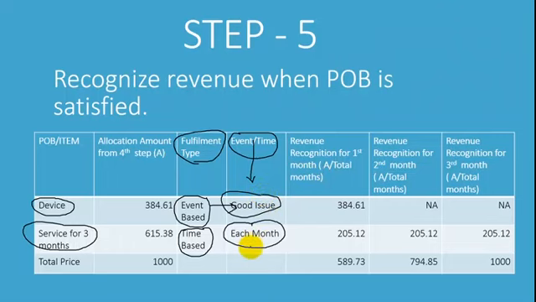When it comes to the service, each month we will recognize the revenue. Okay. Now, our contract spans 3 months. So we'll see how much revenue we have to recognize each month. Okay. When it comes to the first month, the revenue to be recognized for the device is 384.